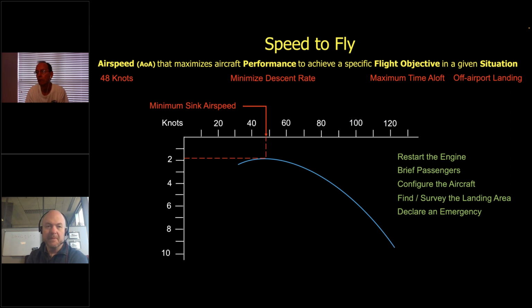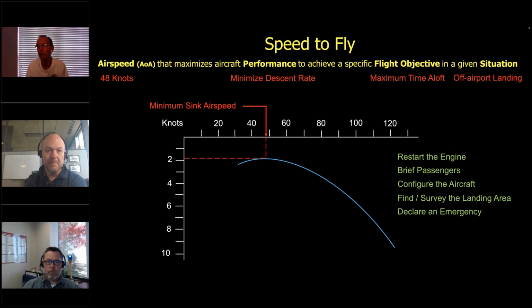But again, you learn to fly the aircraft in that configuration. It's part of your training. And I would suspect with the wider speed range of an airplane, you're going to be further from stall than you would be in a glider for sure. But again, you're going to have to experimentally determine that, figure that out for yourself, and then take that into consideration in the event that you need to slow down to minimize your sink rate.